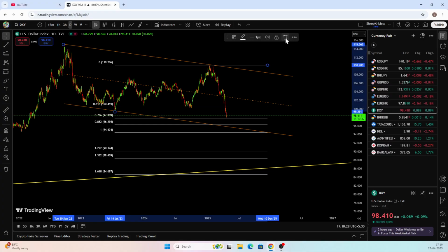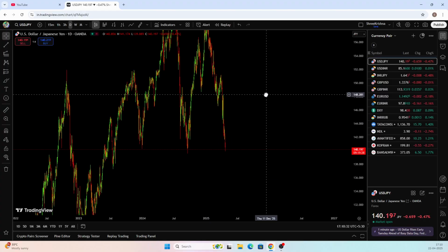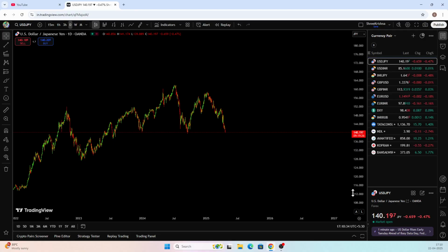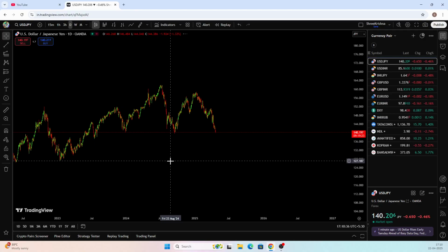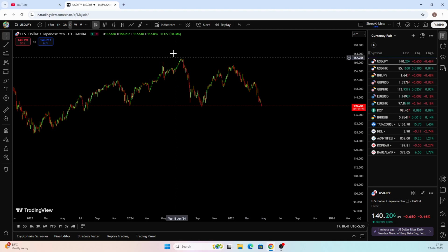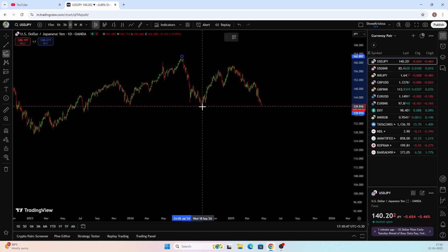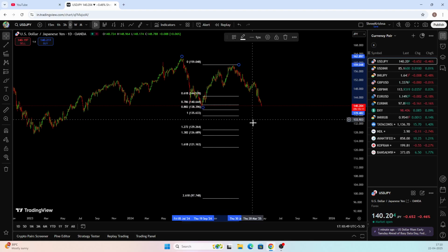Okay, so the dollar index is going down, and USD JPY is also behaving sideways, almost sideways, you can say. It made a B, and it is going to make a C. So again, we have to see the relationship in that manner.